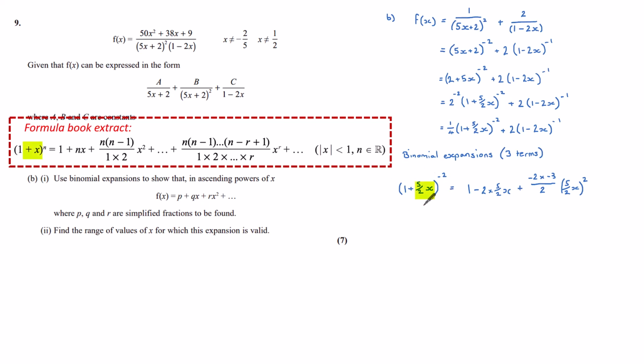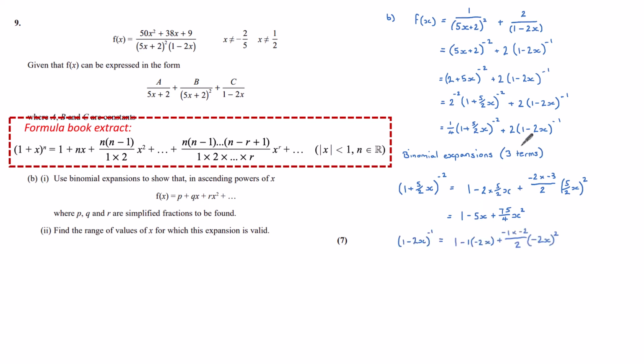My x is this 5 over 2 x, and my n is minus 2. Substituting those into my binomial expansion gives me 1 minus 2 times 5 over 2 x plus minus 2 times minus 3 over 2, (5 over 2 x) squared. Using a calculator or otherwise, that simplifies to 1 minus 5x plus 75 over 4 x squared.